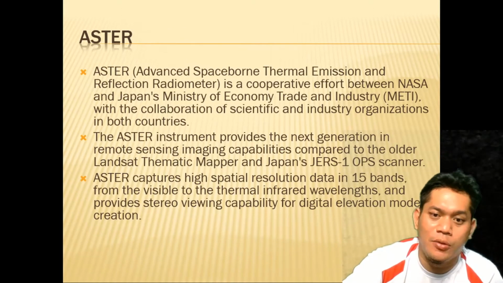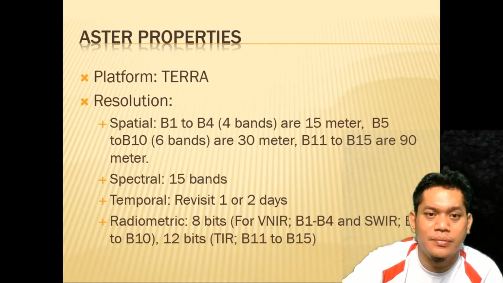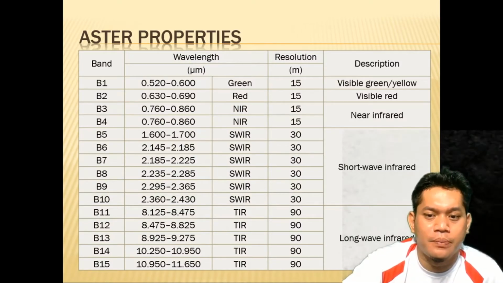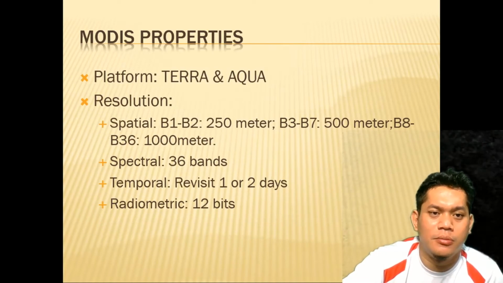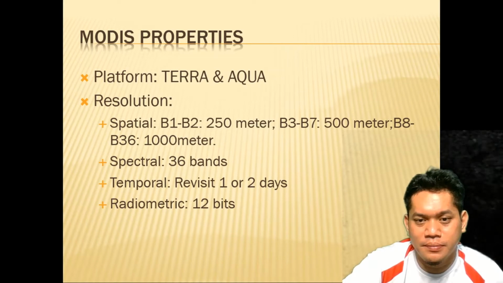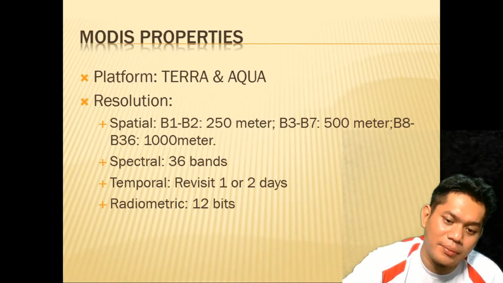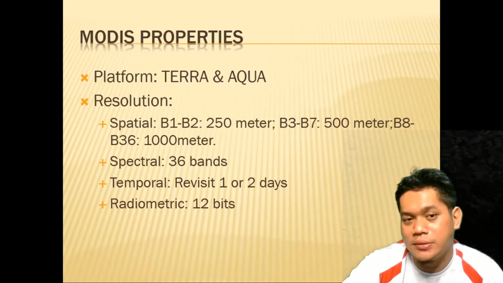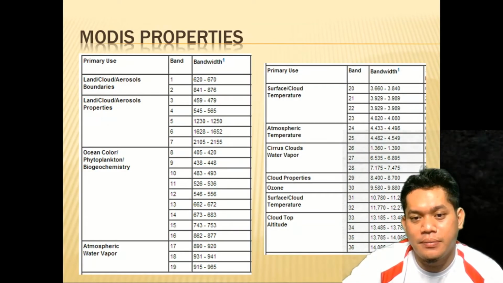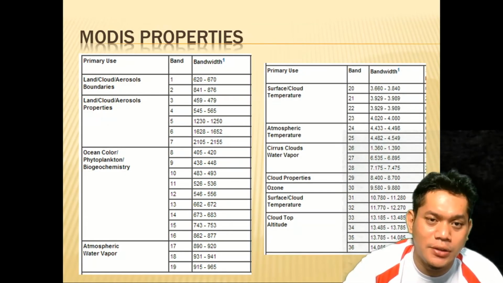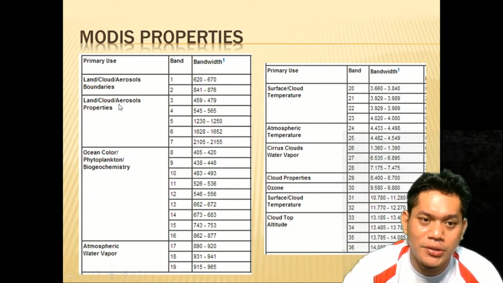And we have the Aster as well. Then MODIS here. If you have any questions, you can try to Google around, or you can ask me directly. These are the uses of the bands for MODIS.